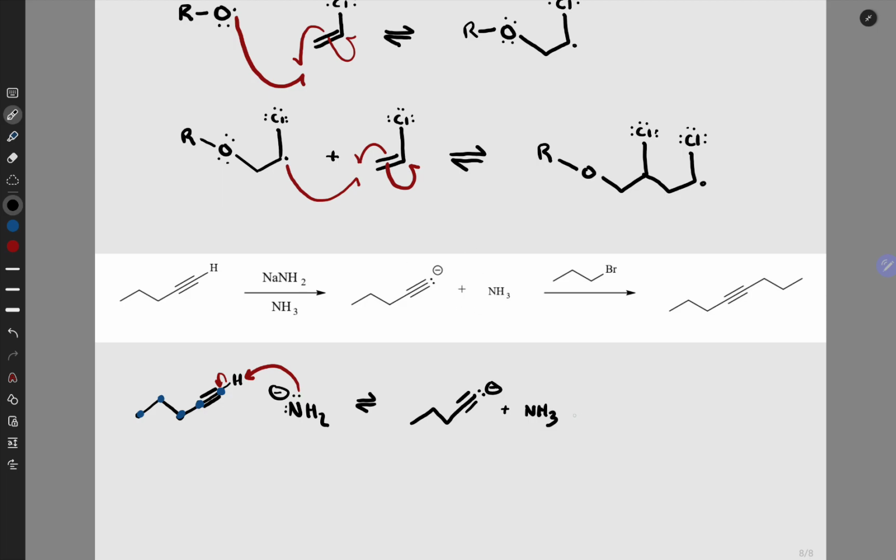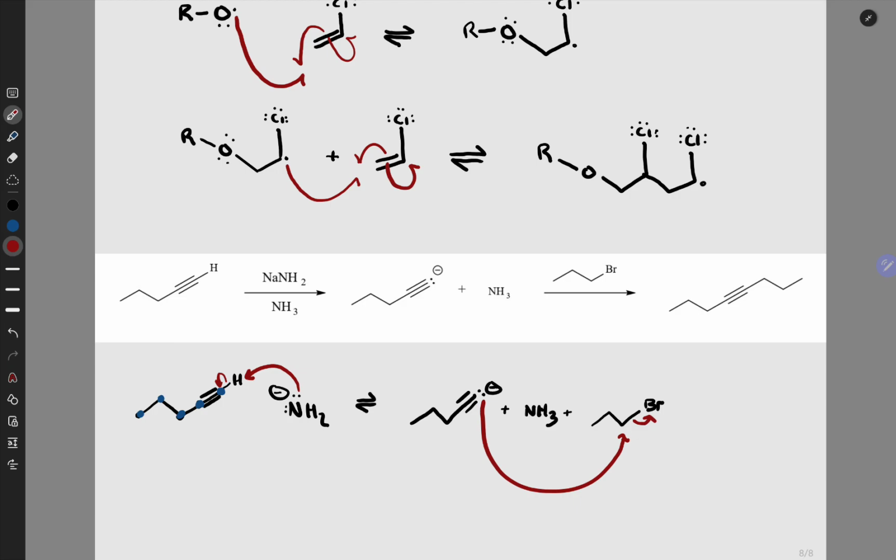In our second step, we're going to be adding on bromine with 3 extra carbons onto it. And this will help us to make our carbon chain longer. We're going to see these electrons reach out and basically do an SN2 reaction, backside attack. Let me draw that cooler.